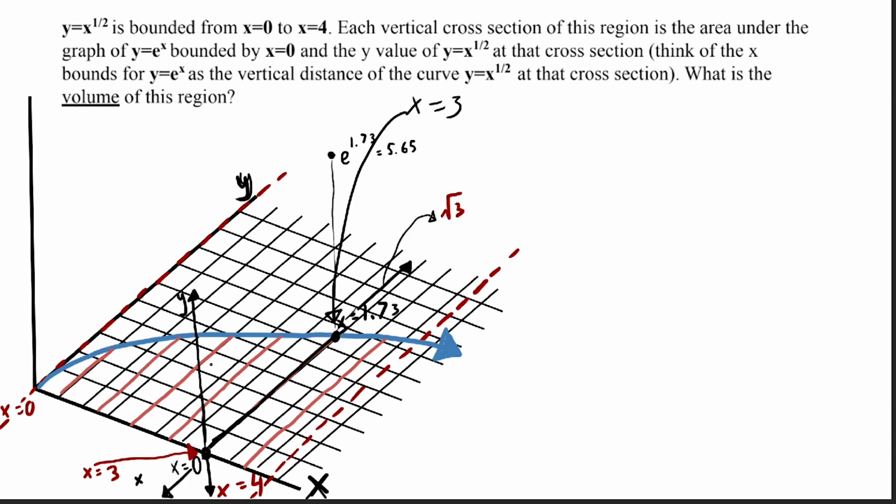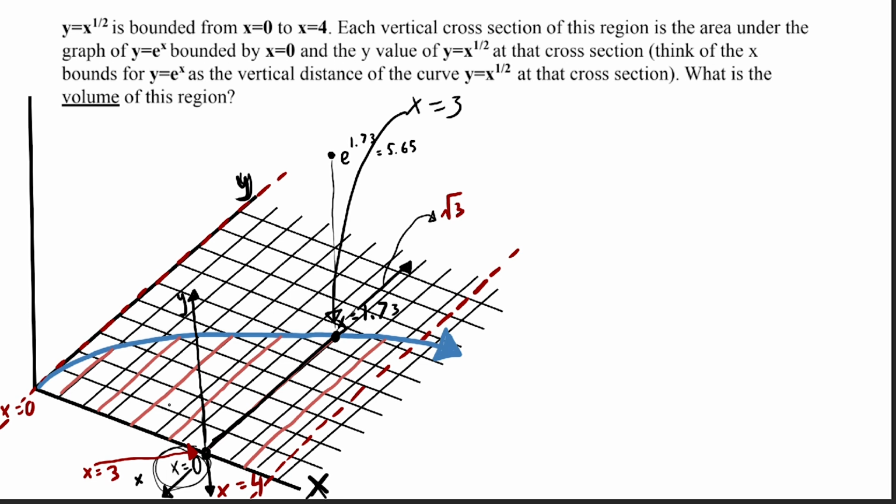Okay, so I've just overlaid this x and y axis, which is separate from the original slanted x and y axis here. And so this cross-section here, the area of this cross-section, is the area under the graph of y equals e to the x from x equals 0. So x equals 0 is right here, not to be confused with x equals 3, which is for this x and y axis.